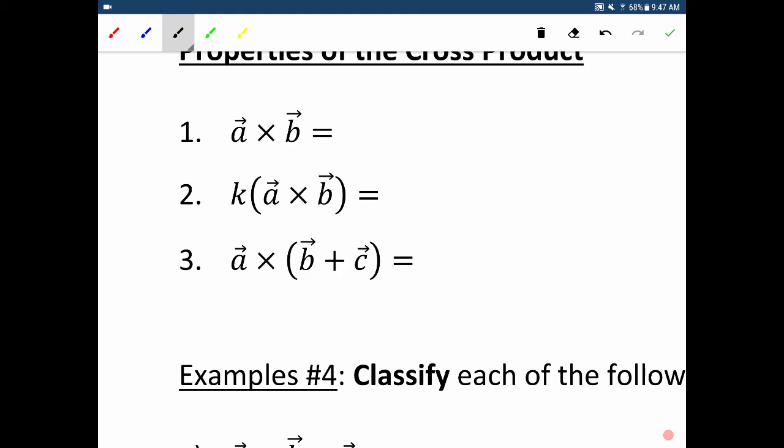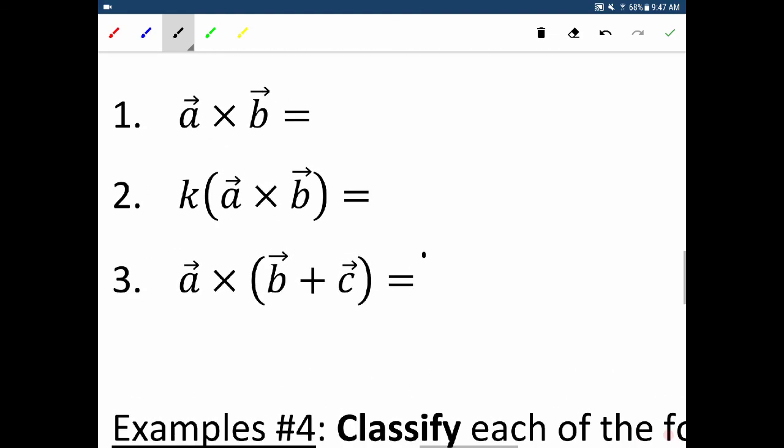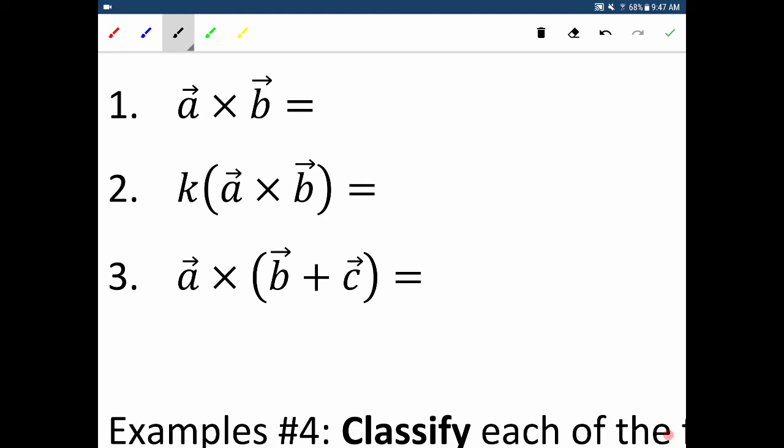Okay, and they did. And the thing about the cross product is some of them seem obvious, but it's the opposite of what you would expect. So it's not obvious at all. So for instance, A cross B is not equal to B cross A. What it is equal to is negative B cross A. Okay, that's called the anti-commutative property.